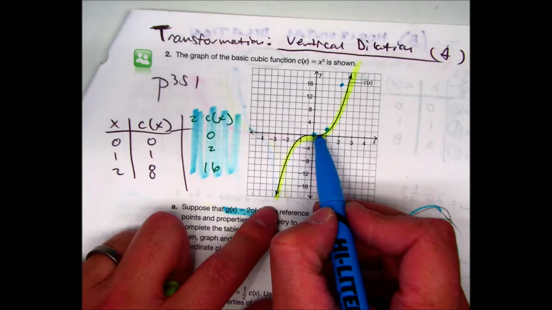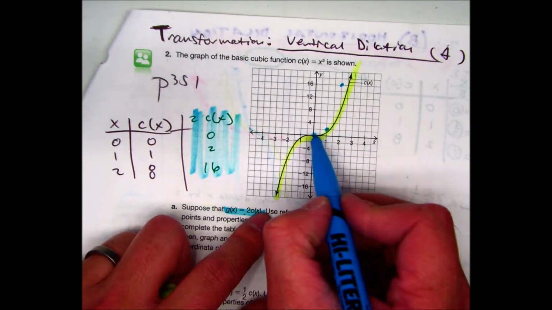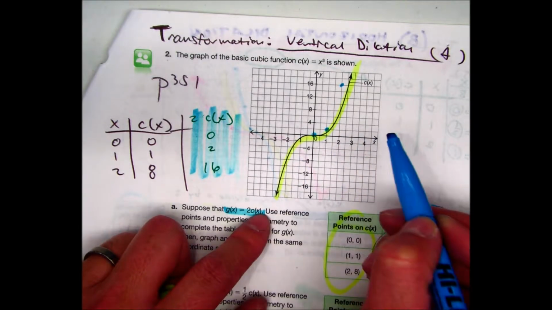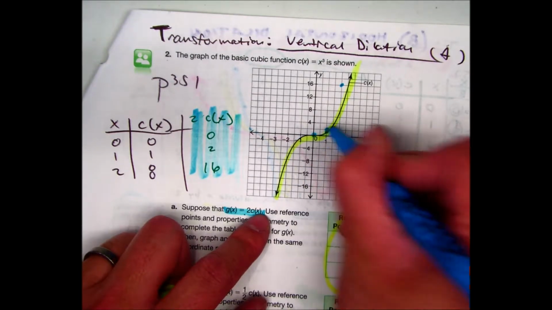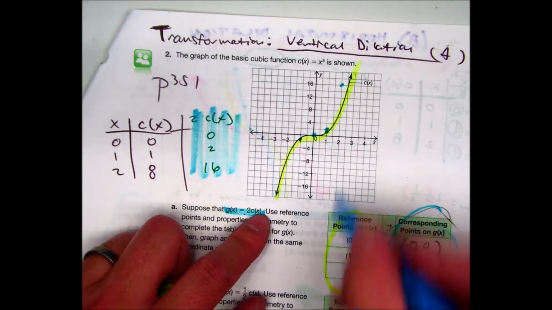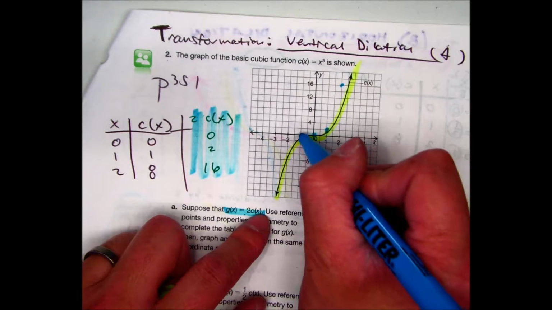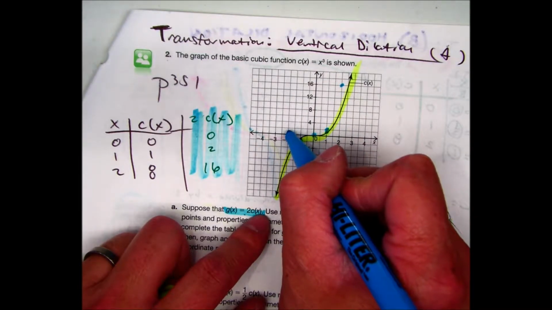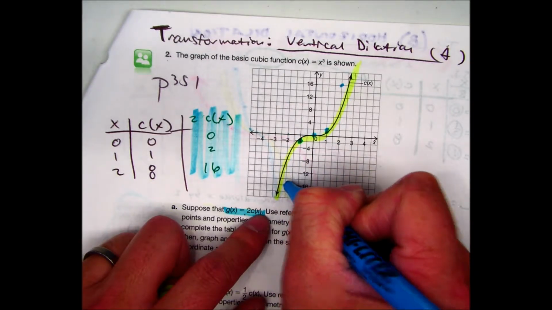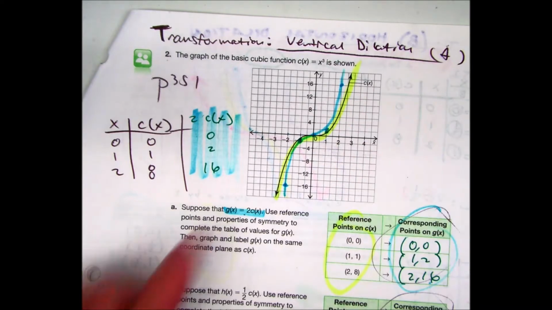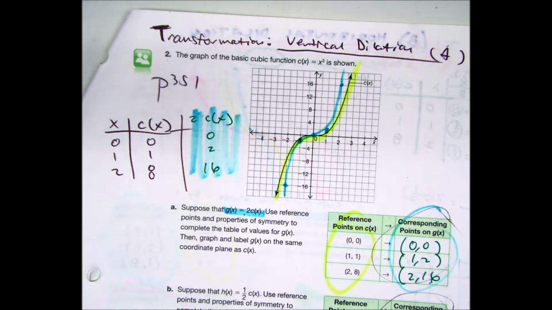And if you do it symmetrical about the origin, which we've been learning about, then I'm going to go the other direction. There's my graph. Not wonderful, but there's my graph.